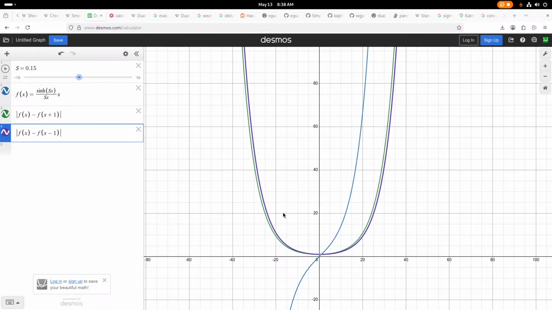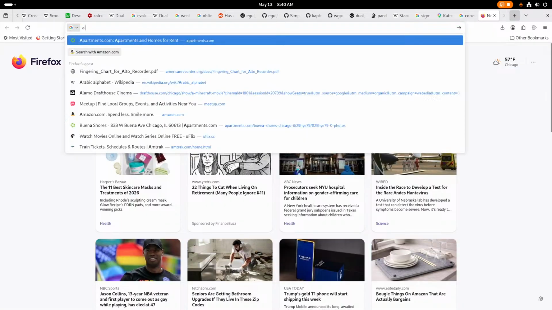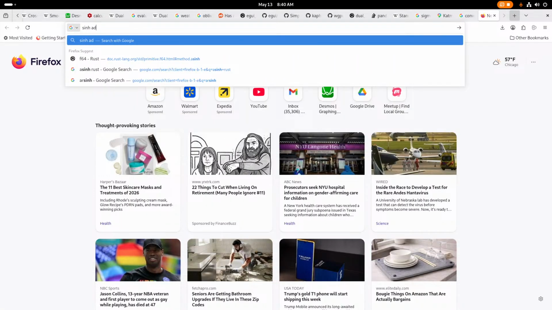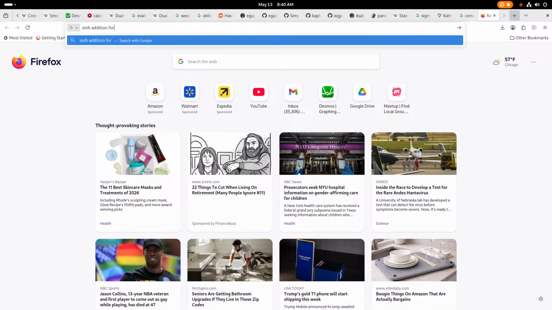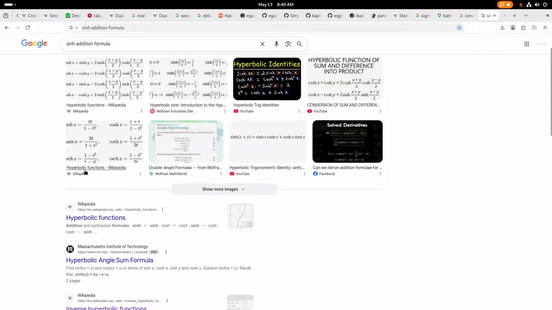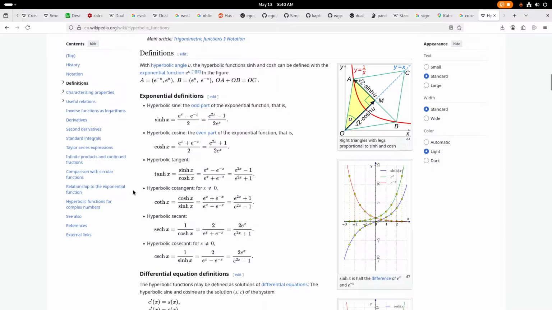Are there any sinh formulas or whatever? Sinh addition formula. Why does addition look so weird? Oh, yeah, it'd be under identities or whatever.